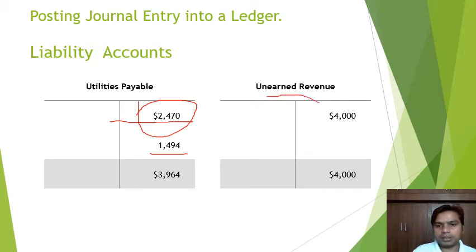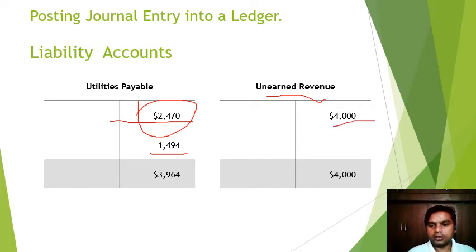When it comes to unearned revenue, you will remember that on January 25 we received cash of $4,000 to give the company's service in future. We received this amount as an advance, so it is a liability, because till January 31 we hadn't given the service to our clients.